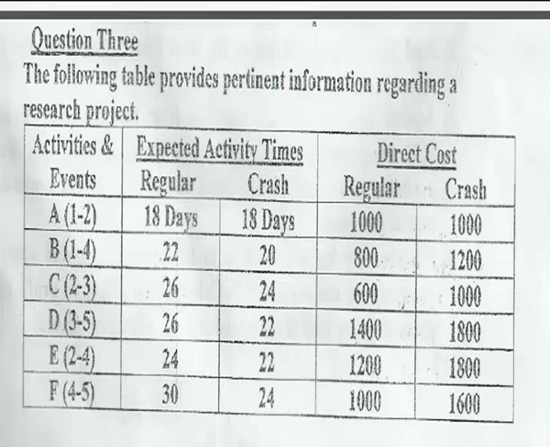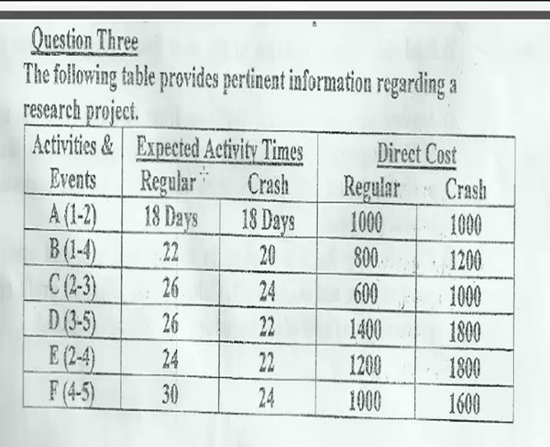We are going to solve today question number 3 in the final exam 2013. In question number 3, you're given a specific project and you are given the activities. As you can see here in the column activities and events, you have 6 activities, and you are given how each of these activities connects between a specific number of events. For example, here activity A connects between event number 1 and event number 2.